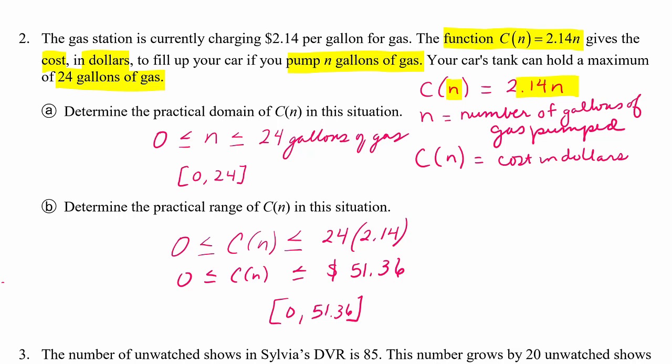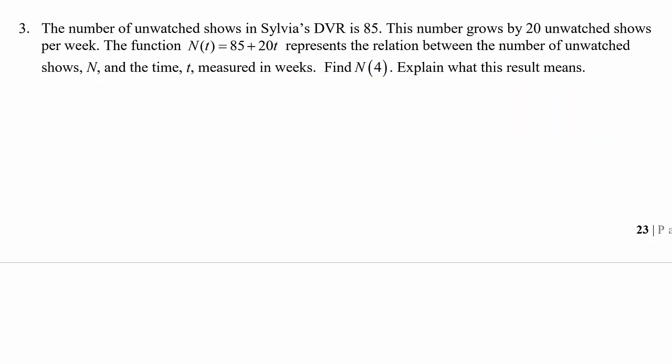Okay, one more example. Now we have that the number of unwatched shows in Sylvia's DVR is 85. This number grows by 20 unwatched shows per week. The function n of t equals 85 plus 20t represents the relation between the number of unwatched shows n and the time t measured in weeks. Find n of 4. Explain what this result means.